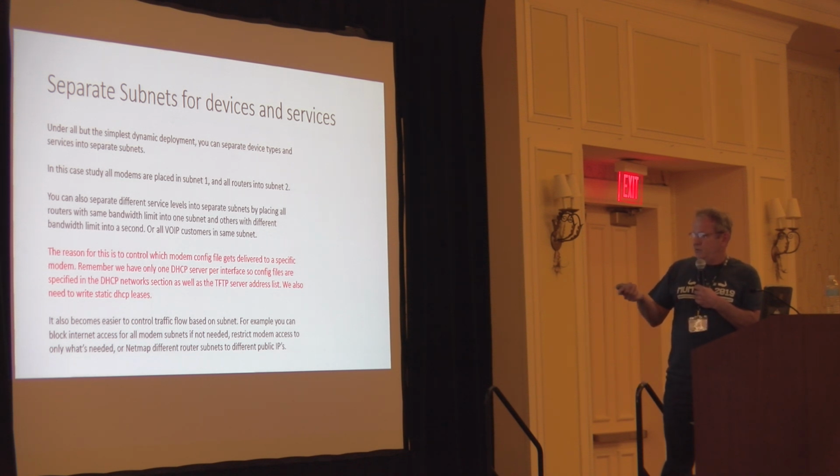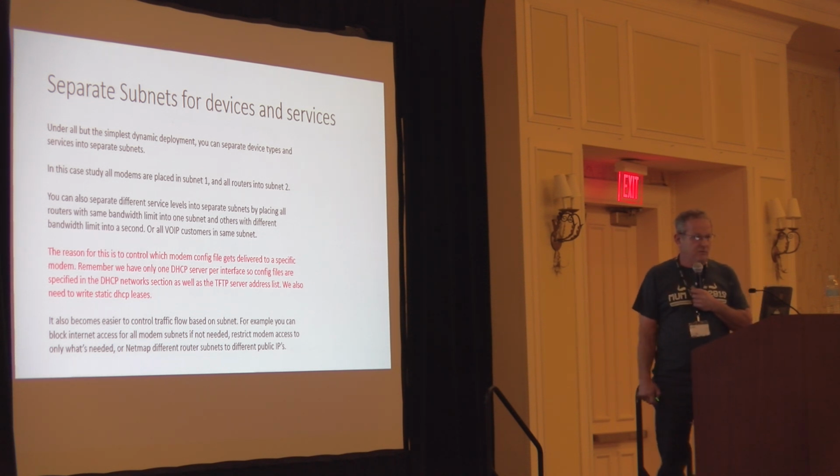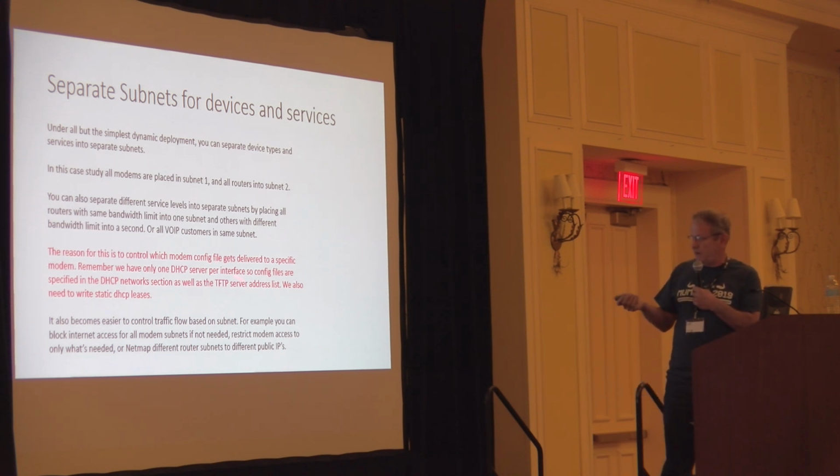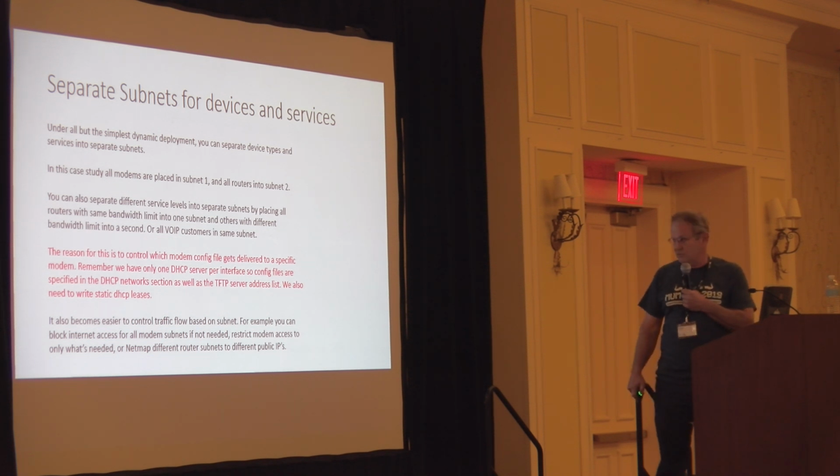What I found is that you control the config file by the file that's uploaded, and you can only have one DHCP server per interface. So the config files are specified in the DHCP network section as well as the TFTP server that they pull. Again, this is all based on the fact that we do static lease writing in the DHCP server.